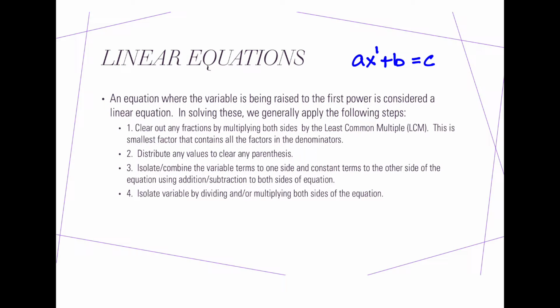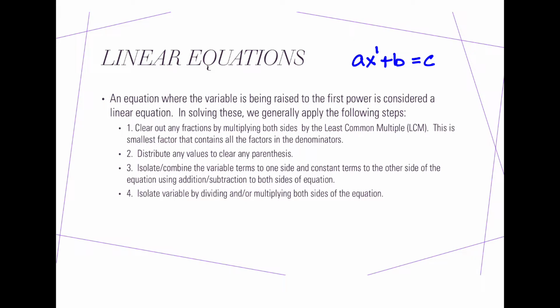Third, once I have all the fractions cleared and all the parentheses are gone, then we want to isolate the variable terms to one side of the equation, the constant terms to the other side. So as we're doing this, we're going through this process of addition and subtraction to both sides of the equation, and basically we're trying to combine all the variable terms to one side and all the constants to the other.